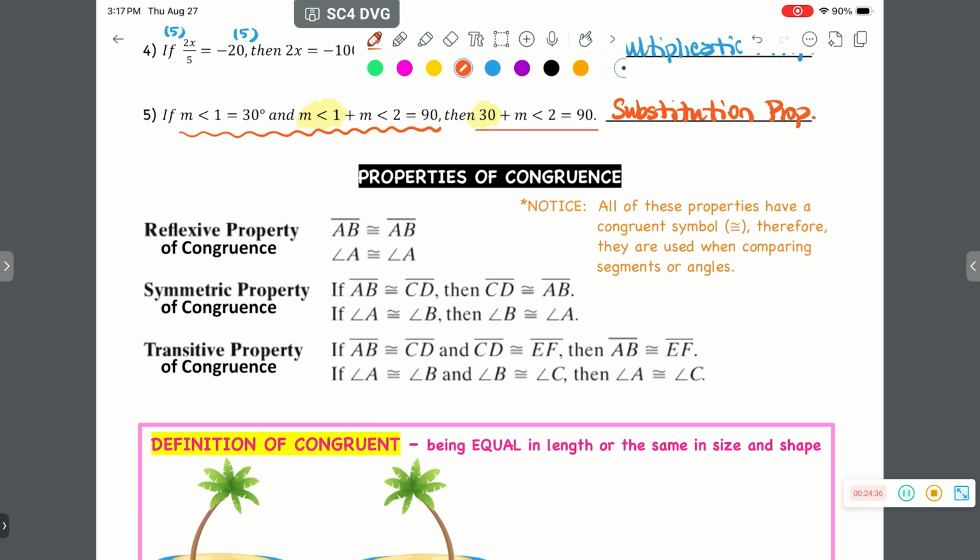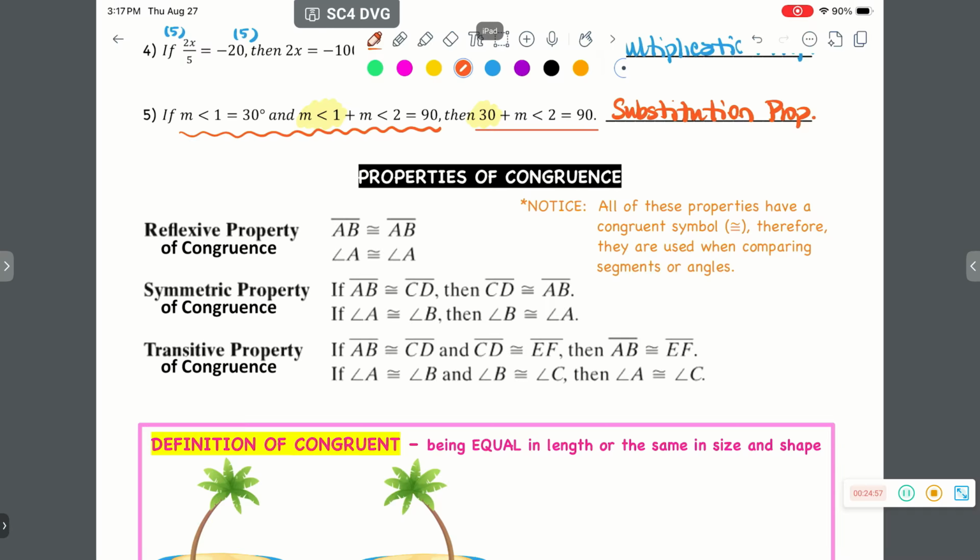Properties of congruence. There's more, right? All the properties we just discussed were properties of equality, meaning I can only use them with equal signs. So there are also properties of congruence, which I can only use with congruent signs. Do y'all notice anything about the names of these properties?